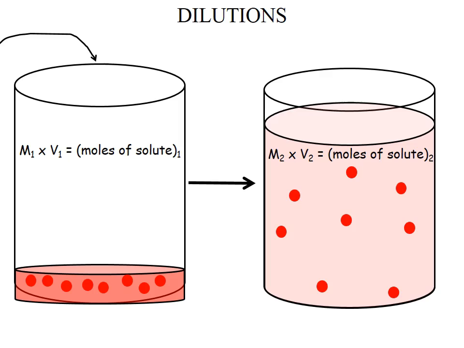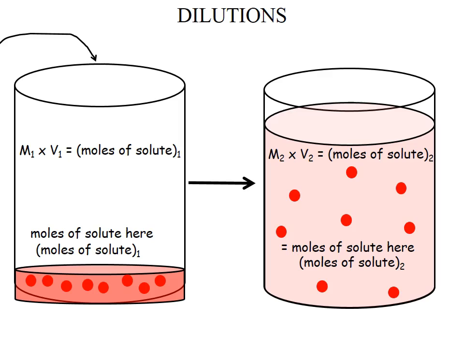And remember, molarity times volume is going to give me moles again. So the moles that I put into that container before should be the same as the moles that are in there now, right? If you count up the number of little red spheres, on the left I have 1, 2, 3, 4, 5, 6, 7, 8, and on the right I have 1, 2, 3, 4, 5, 6, 7, 8. Because I only diluted it with solvent, I haven't added any solute.